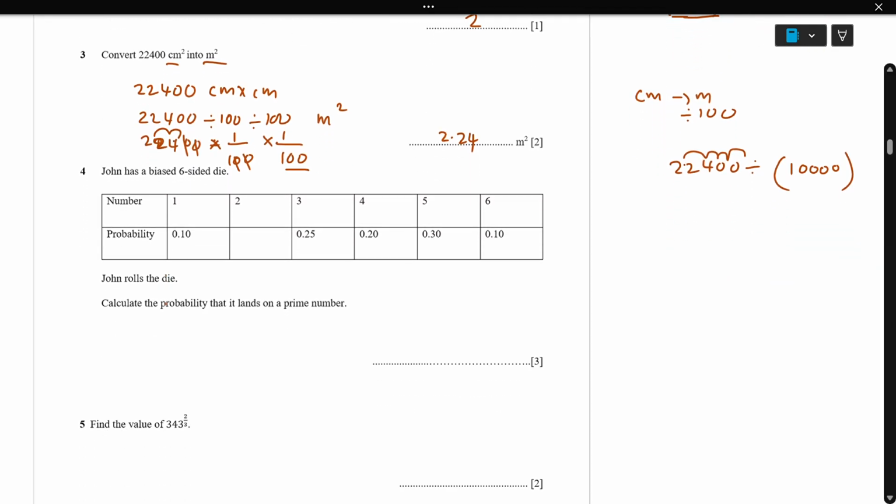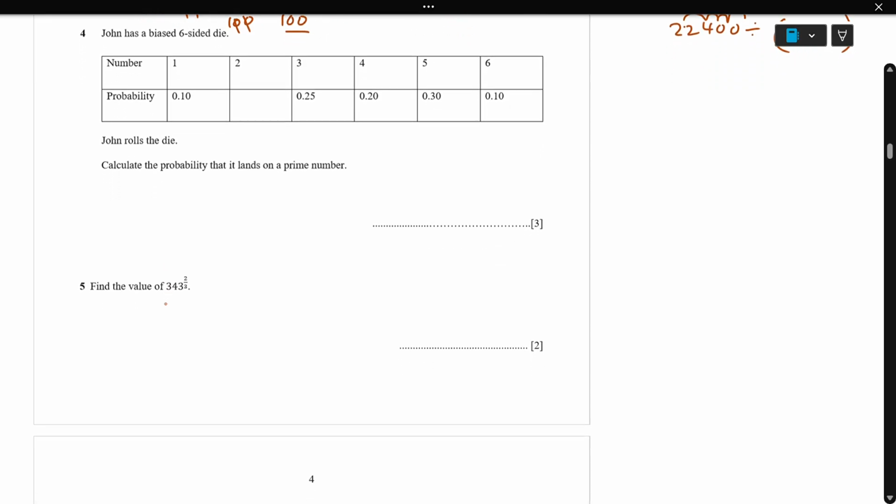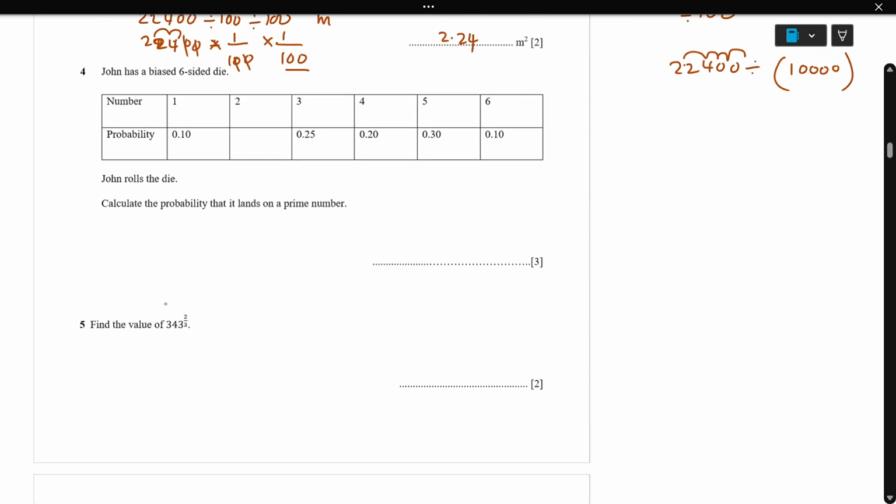Next question. John has a 6-sided die, so getting number 1, number 2, all the probabilities are given, so one probability is missing, which is for 2. We know when we add up all the probabilities we get 1.